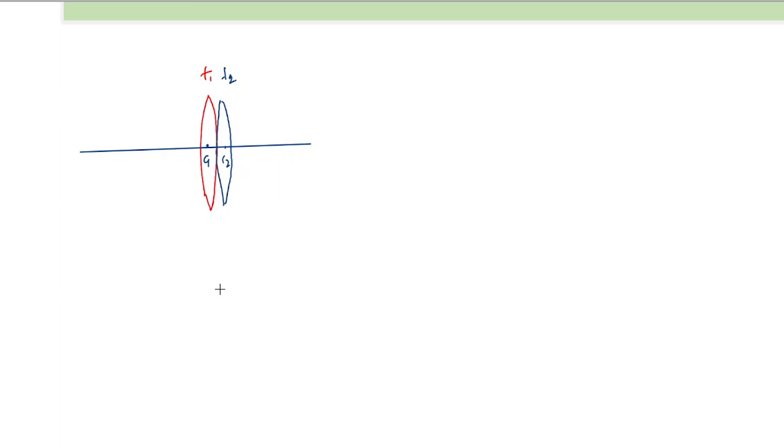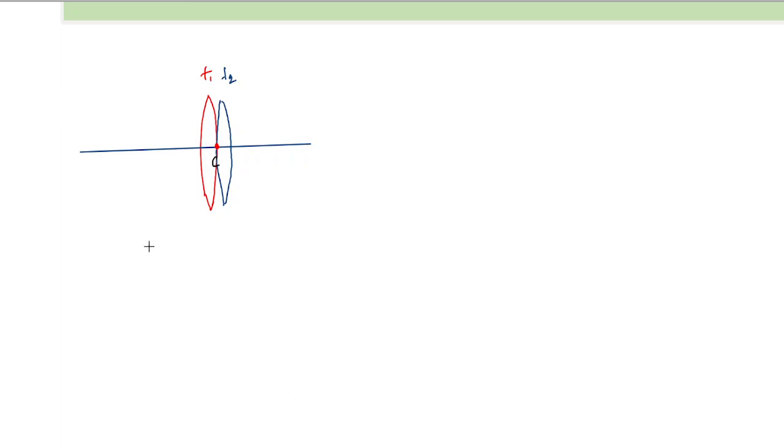So we need a common reference point, and that common reference point is taken as the point where the lenses touch each other. We'll call this point C. So the point where the lenses are in contact is the reference point in this combination.